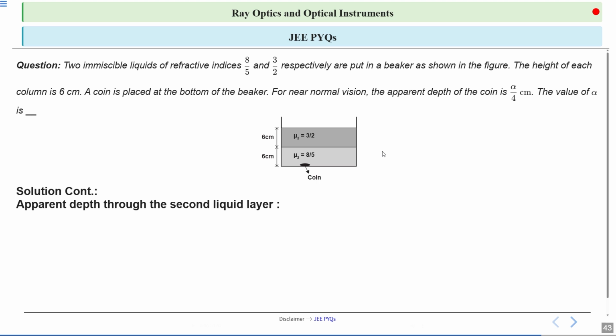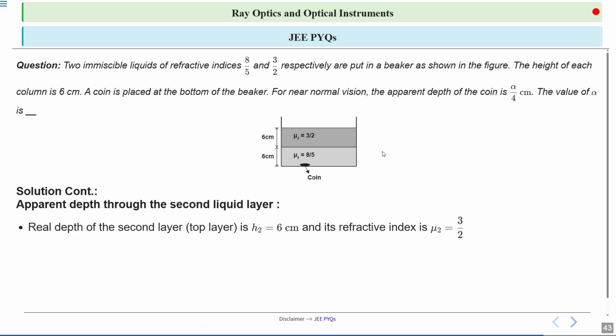So let's start by considering the apparent depth through the second liquid layer. This is crucial because the refractive index of the liquid affects how we perceive the depth of the coin. Here we have the real depth of the second layer, which is the top layer, h2 equals 6 centimeter and its refractive index mu2 equals 3 upon 2.